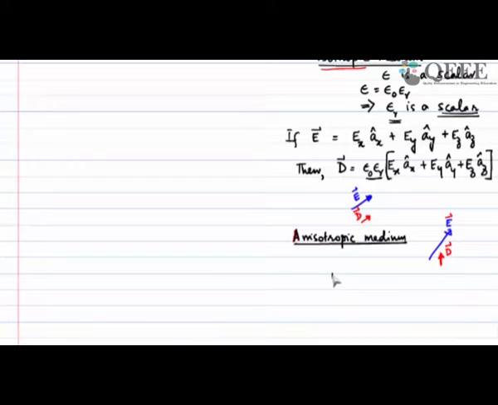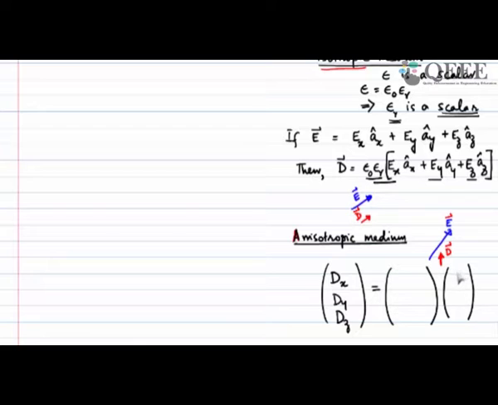I represent it by saying that Dx, Dy, Dz, which are the three components of the D vector, is not a scalar multiple but a tensor product with Ex, Ey, Ez, and there could be epsilon 11, 12, 13, 21, 22, 23, 31, 32, 33.